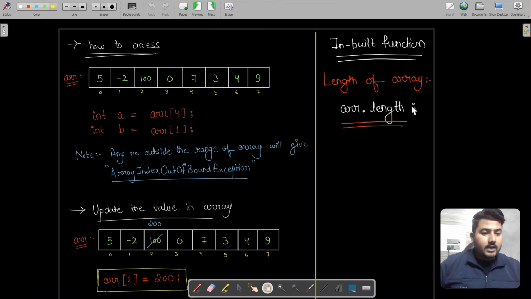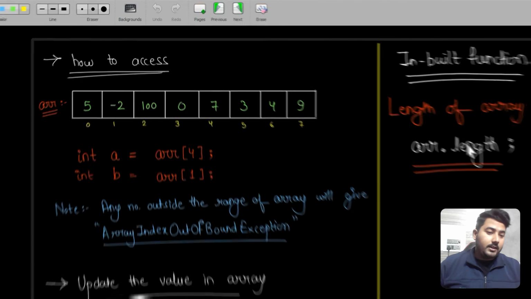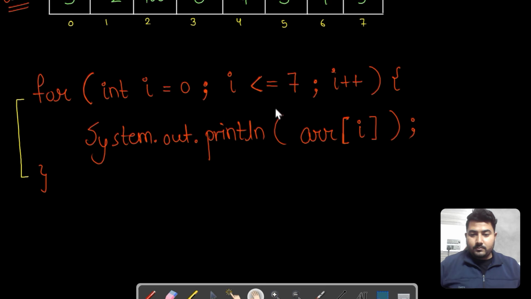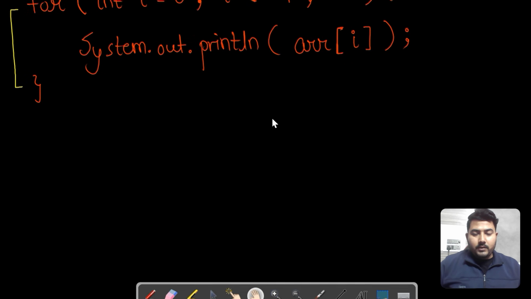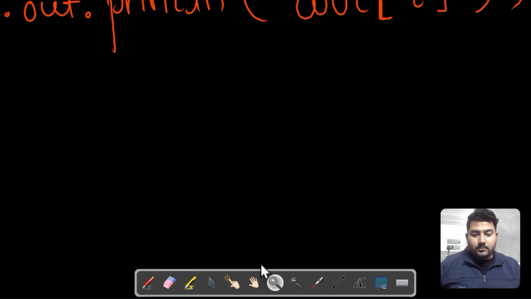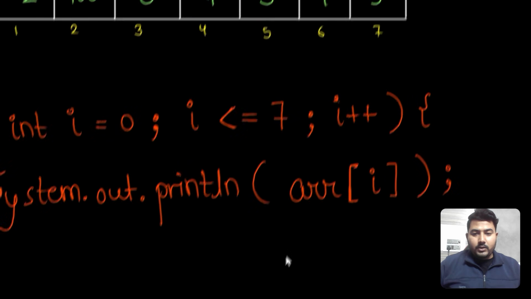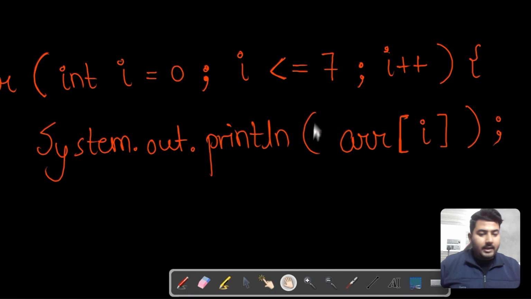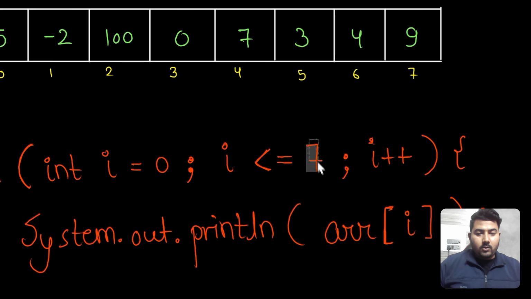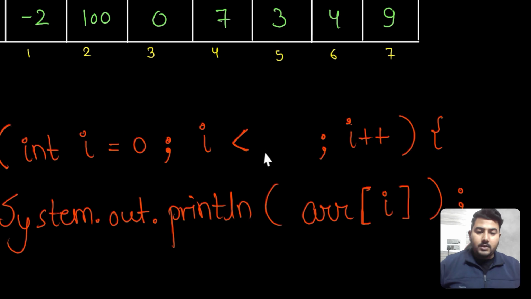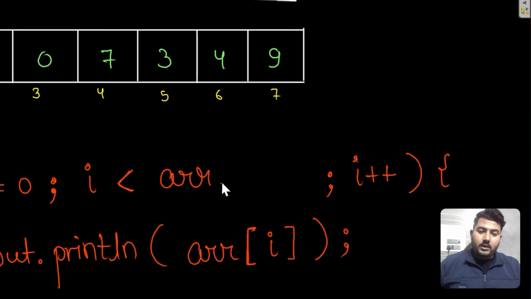How do we find the length of the array? Using this inbuilt function, arr.length. So what we can do is, instead of putting any hard-coded number anywhere, we would always like to mention the inbuilt function, which is going to be arr.length.